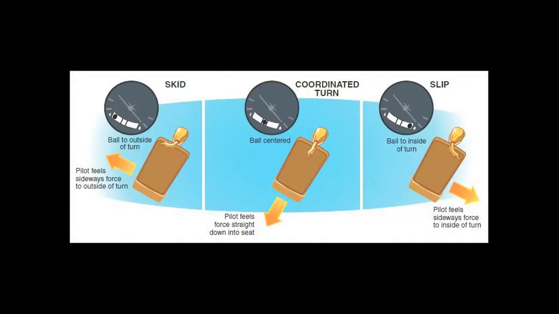So for instance, if a pilot successfully does a coordinated turn, the pilot should feel a centripetal force pushing them into their seat. And if the turn is uncoordinated, which means more rudder should be used, or yawing, this is when yawing comes in handy, then the pilot would feel a radial force, which would be pushing them to the side, like in a car. If you're turning around a corner, you feel pushed to the side, not into the center of your seat. Sounds are a good indicator for airspeed, since every airspeed has a different tone.